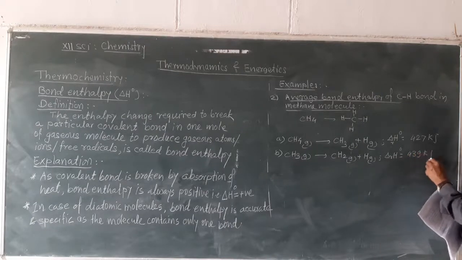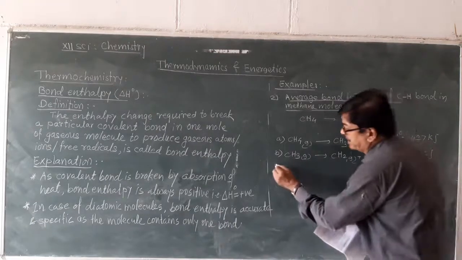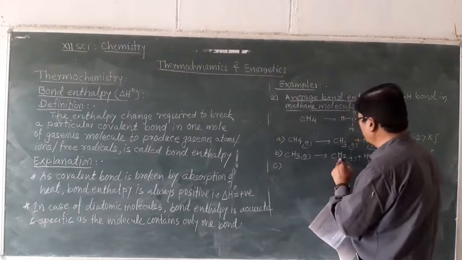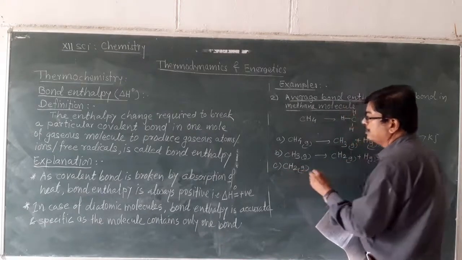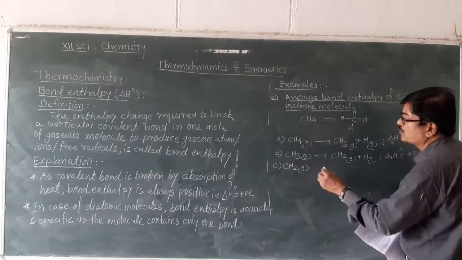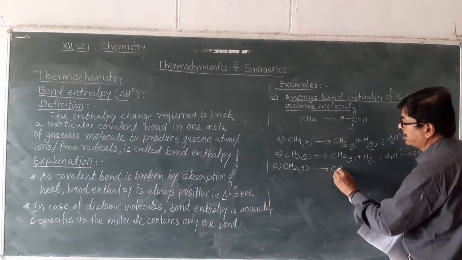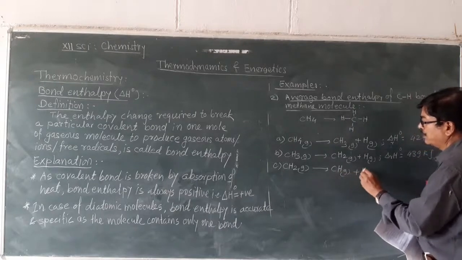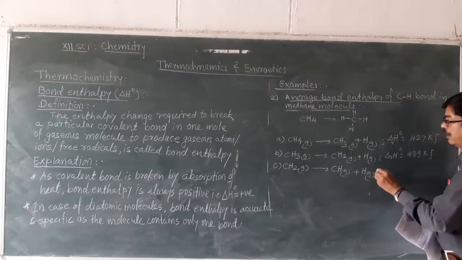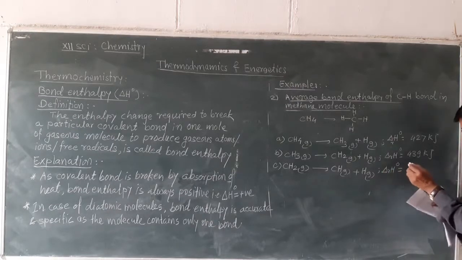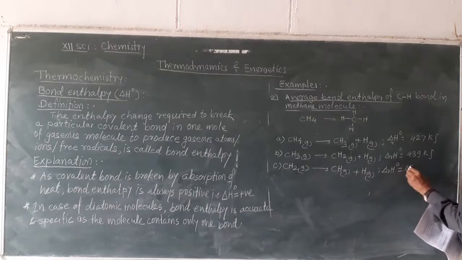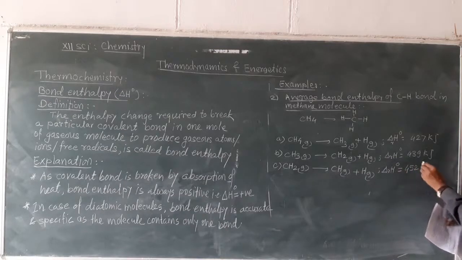439 kilojoule. Third, if you break the third C-H bond from the CH2 species, we get CH gas plus H gas, and bond enthalpy of this third C-H bond is 452 kilojoule.